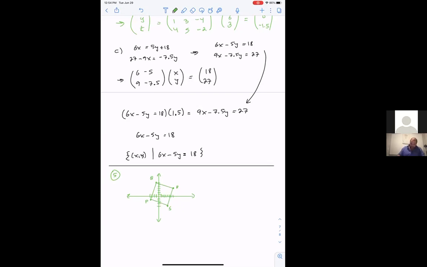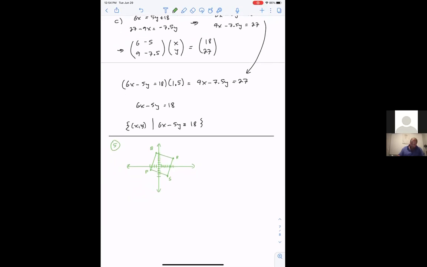So it says the parallelogram PQRS is translated by the vector -3, 5. And now we know that a translation is adding the vector -3, 5. Then enlarged by a factor of 1/2.